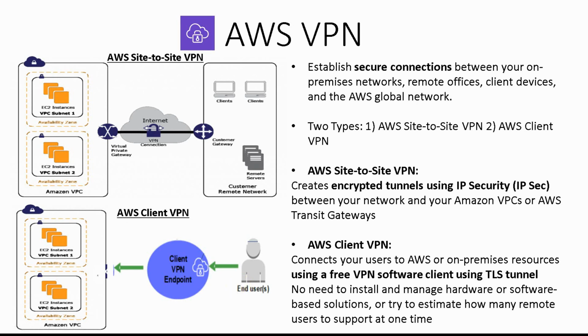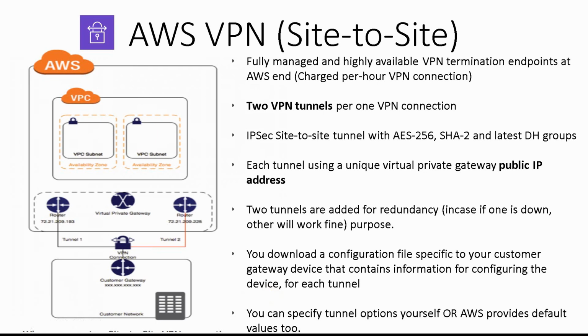As an employee, as an end user, you will have a VPN client installed on your laptop, using which you connect, and then you are connected to the AWS network. The client VPN endpoint is like any free VPN software. AWS supports all the popular free VPN software, and it also has its own software. So that is the client VPN requirement.